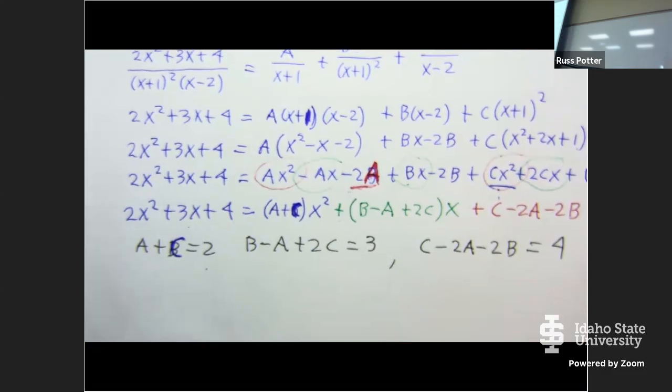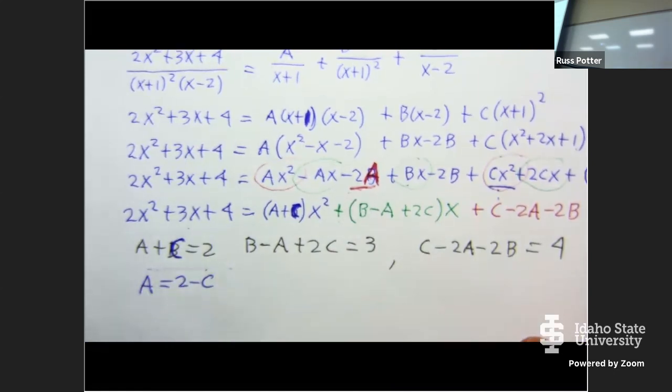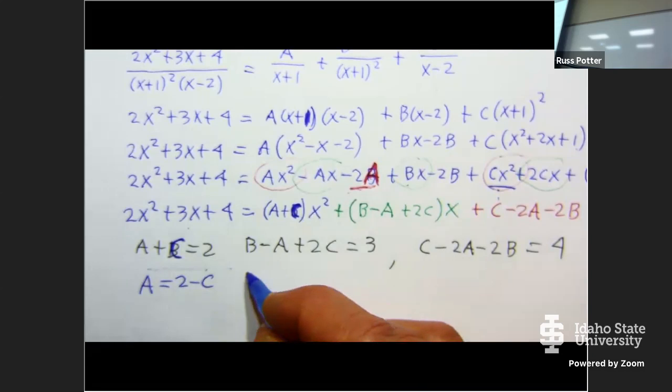So I guess what we can do, we can begin with the simplest equation, and we can write a equals 2 minus c. And then in the other equations, replace a with 2 minus c. So be careful with the arithmetic.